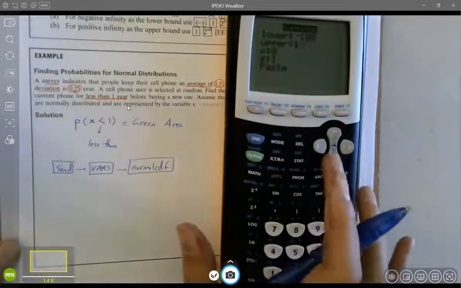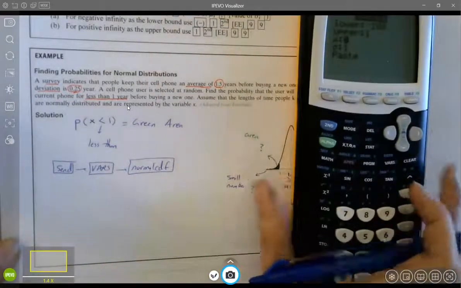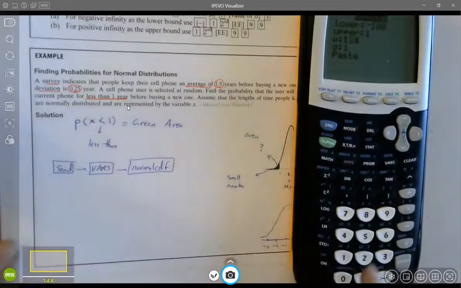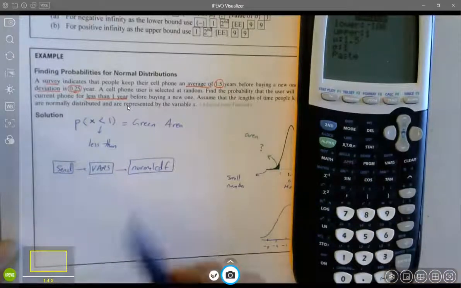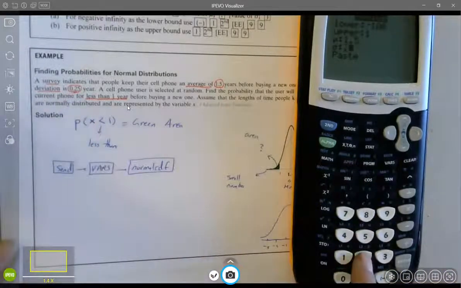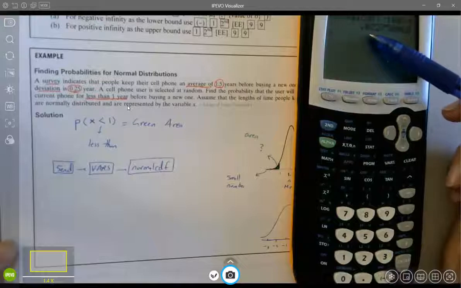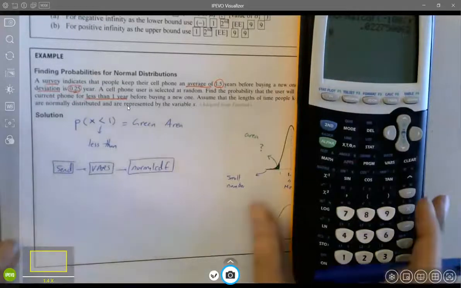So 1. What is the mean? The mean of the data is 1.5. What is the standard deviation? 0.25. Okay. The probability is almost 2%.